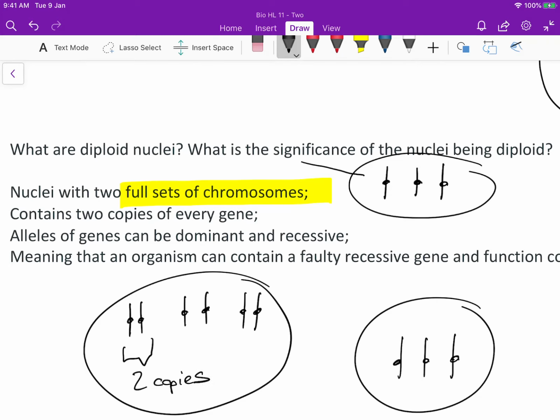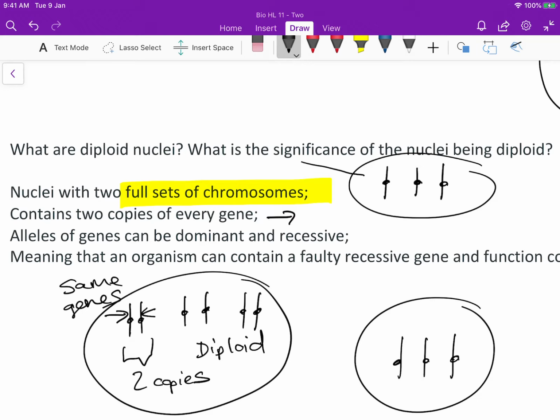And so now this cell is diploid because it's got 2 sets of each chromosome, and that means because these have the same genes at the same locations, we have 2 copies of every gene.